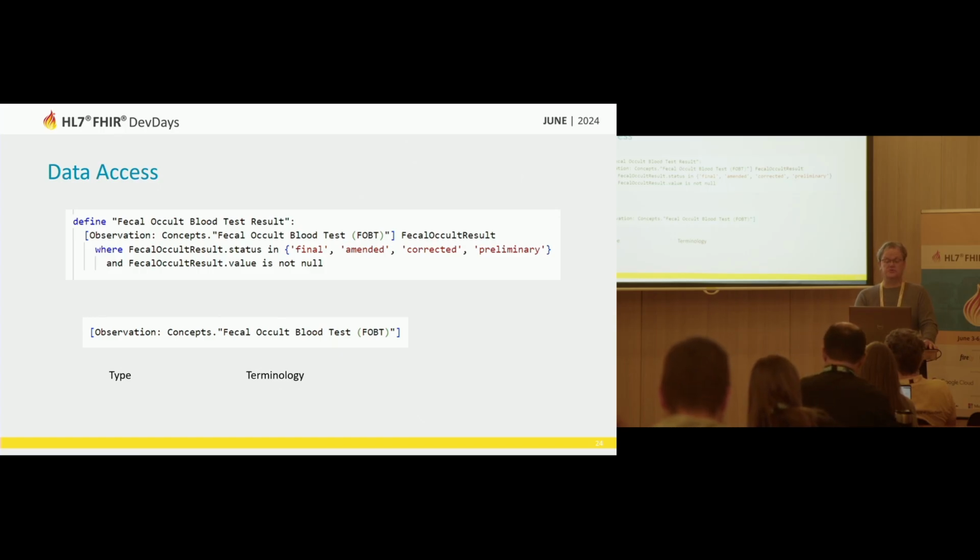That is a retrieve, and that's the thing that is impacted by when you say context patient. That's the thing that says these observations not only have a code in this concepts fecal occult blood test value set, but also are for the patient in context.